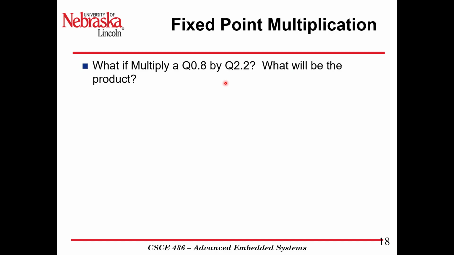Let's say you have a Q0.8, which has no whole portion, multiplying by Q2.2. What would the product mean? So if we multiply them together, Q0.8 times Q2.2, we're going to get a 2 for the whole portion. So how much range are we going to get? 10 bits for the fraction. So we're just going to add the fraction portions together.